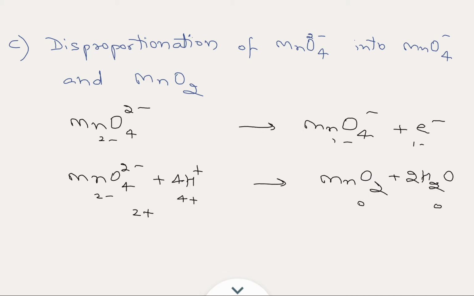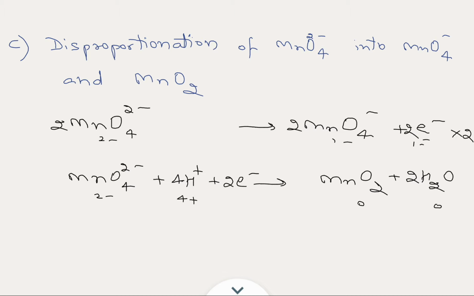So 2 plus on this side and 0 on this side, so we can balance the two sides by putting 2 electrons here. Now you can see that the number of electrons lost here was 1 and number of electrons gained are 2. So therefore we'll multiply this first half equation by 2, 2, 2 and 2, and now we can join the two equations.